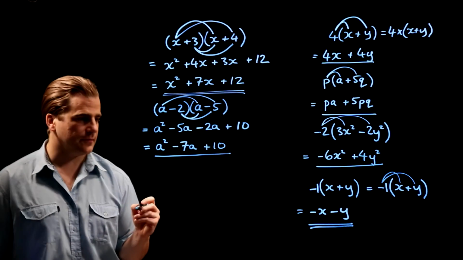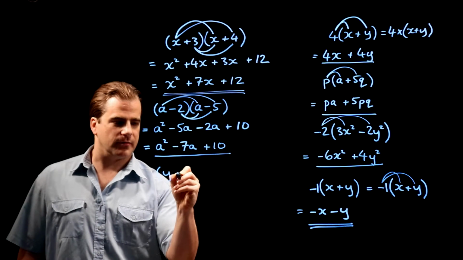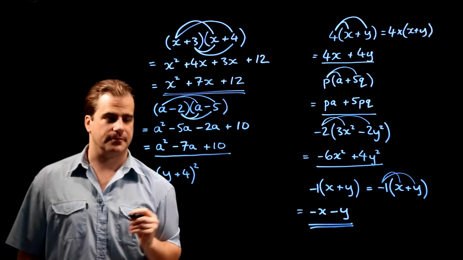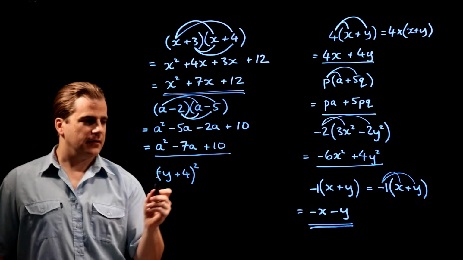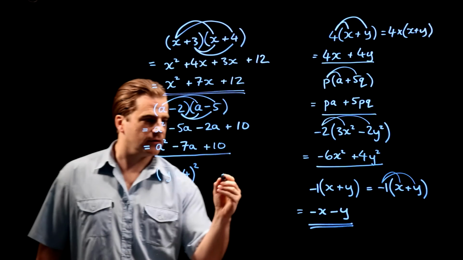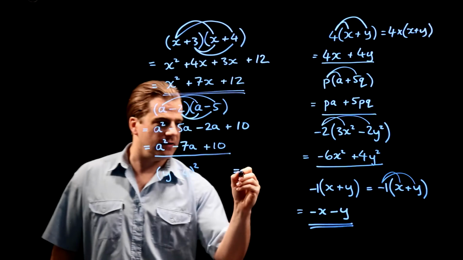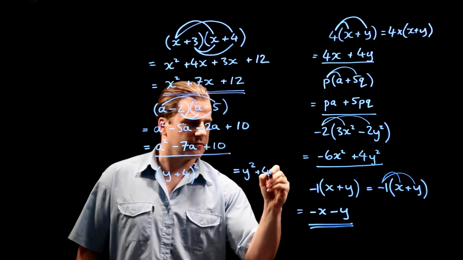Right, last example. What if we have this? Something like y plus 4 all squared. Right, be careful with these. That does not mean you just do y squared plus 4 squared.